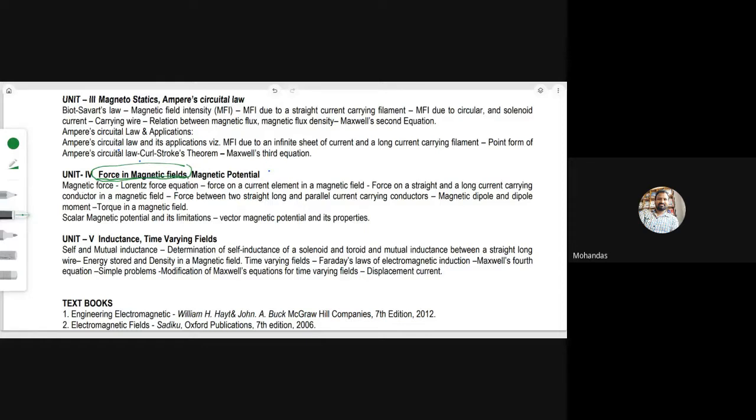That is magnetic force, the Lorentz force equation. What is the Lorentz force equation? F equal to Q into E plus Q into V cross B. Finally, F equal to Q times E plus V cross B. Next, that is the Lorentz force equation completed.